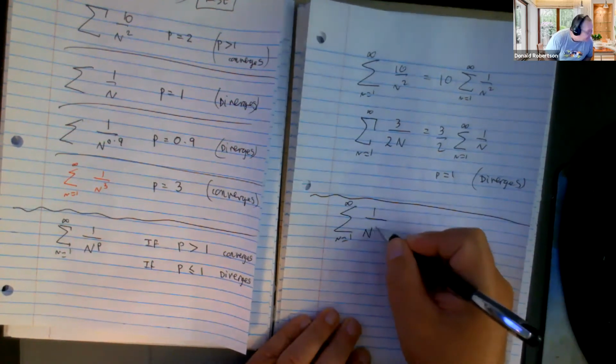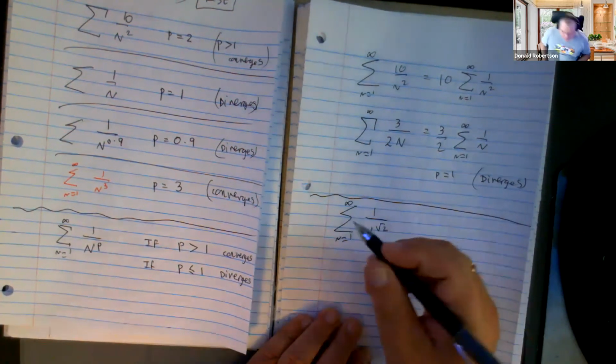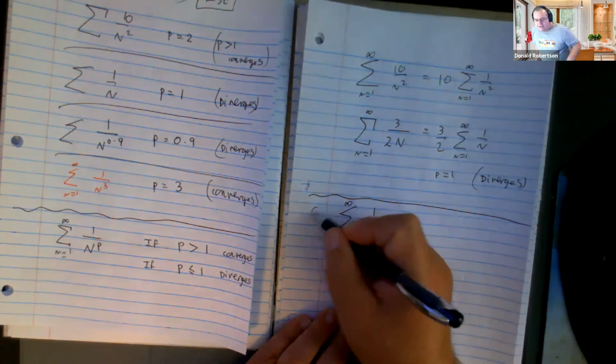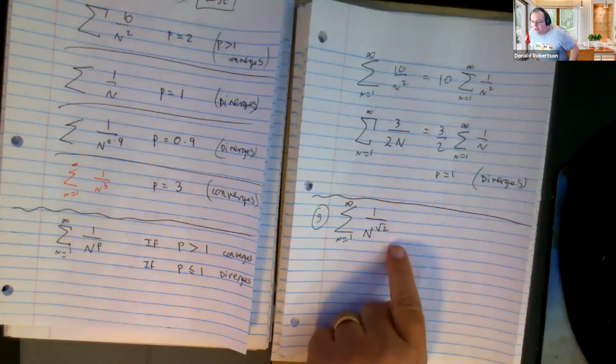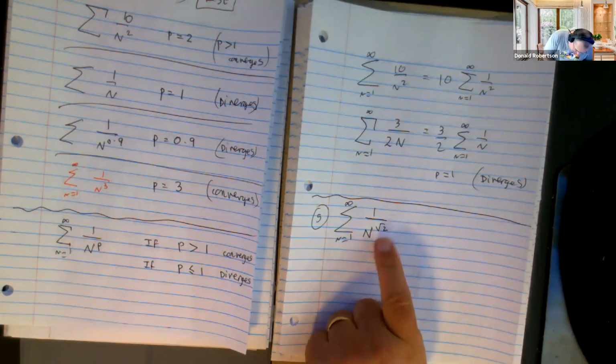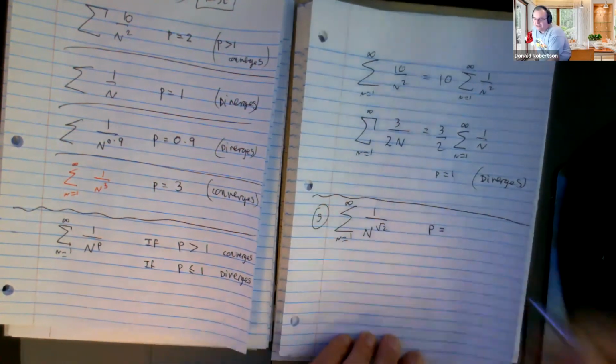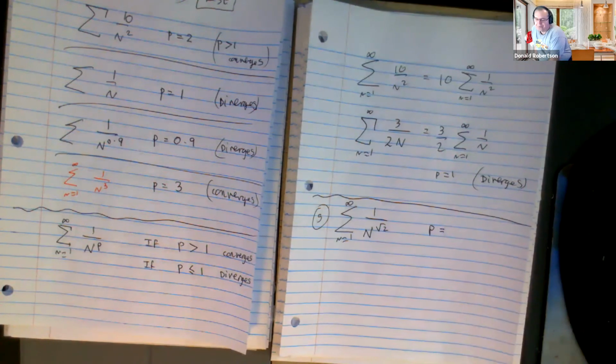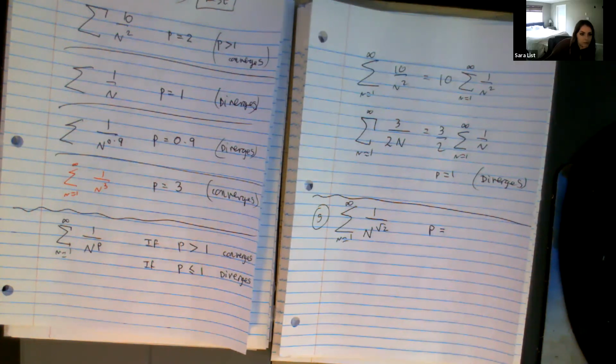Here's your first one. This is basically a version of question 5. That is a P-series. I know it looks weird, but it is a P-series. First thing you need to tell me, which P-series is it? What's its p-value? Square root of 2.